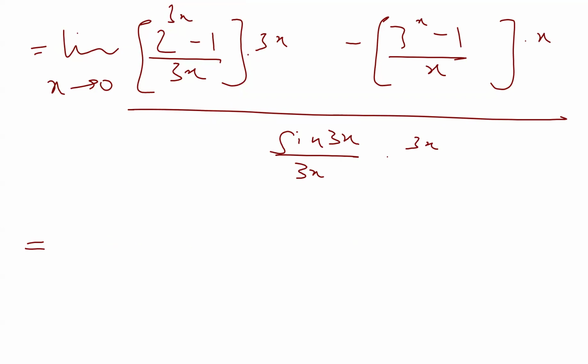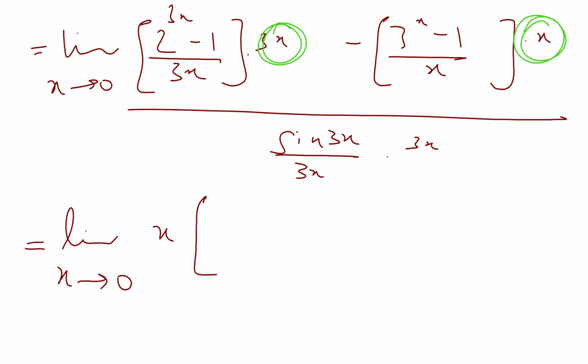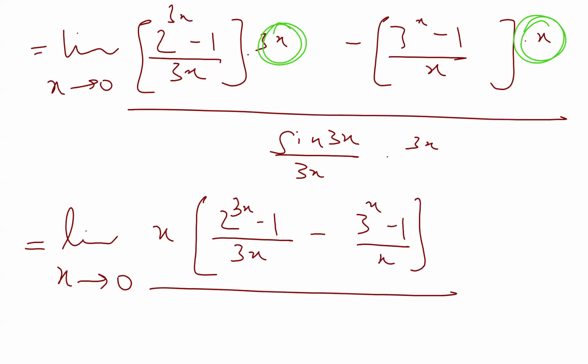For that reason, I'll take this x common. (2^(3x) - 1) upon 3x, minus (3^x - 1) upon x. So this x and this x is getting cancelled.